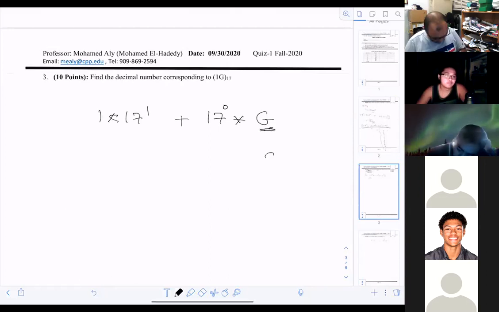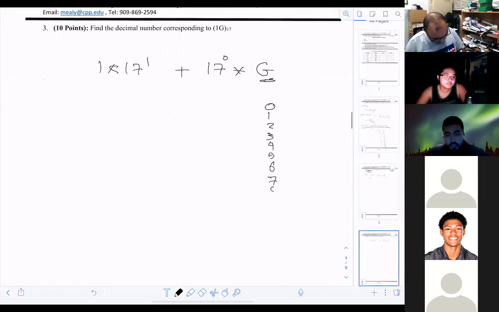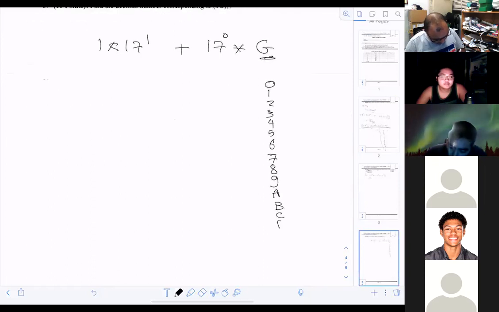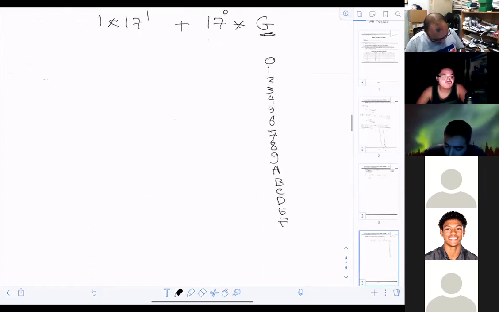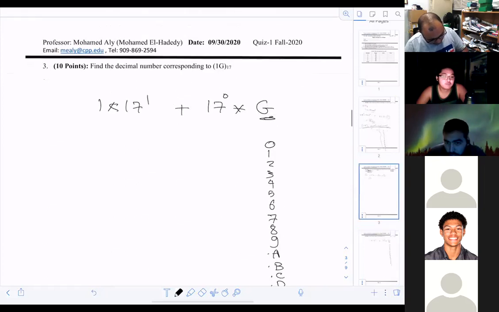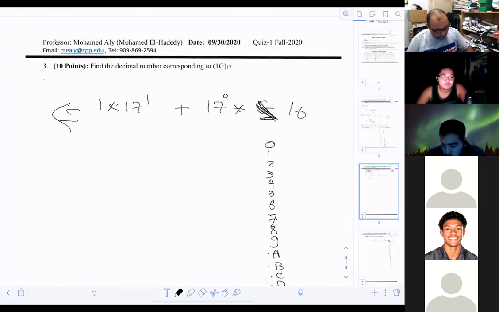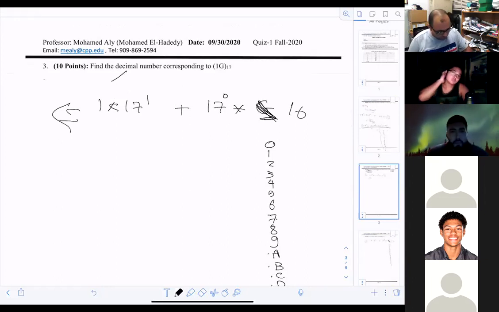This one is 0, 1, 2, 3, 4, 5, 6, 7, 8, 9, A, B, C, D, E, F, G, right? So that's actually 10, 11, 12, 13, 14, 15, 16. So this is basically 16th. If you do this, automatically it will be the decimal, right? So this question also is good.